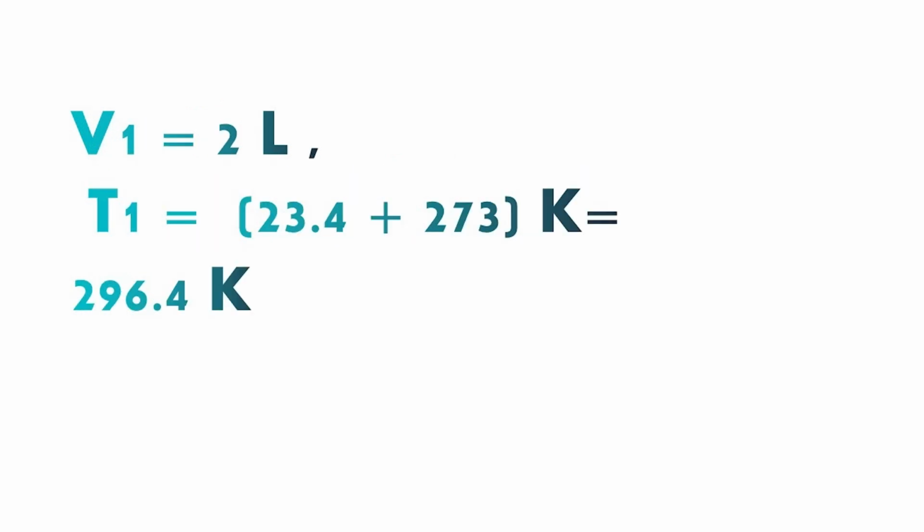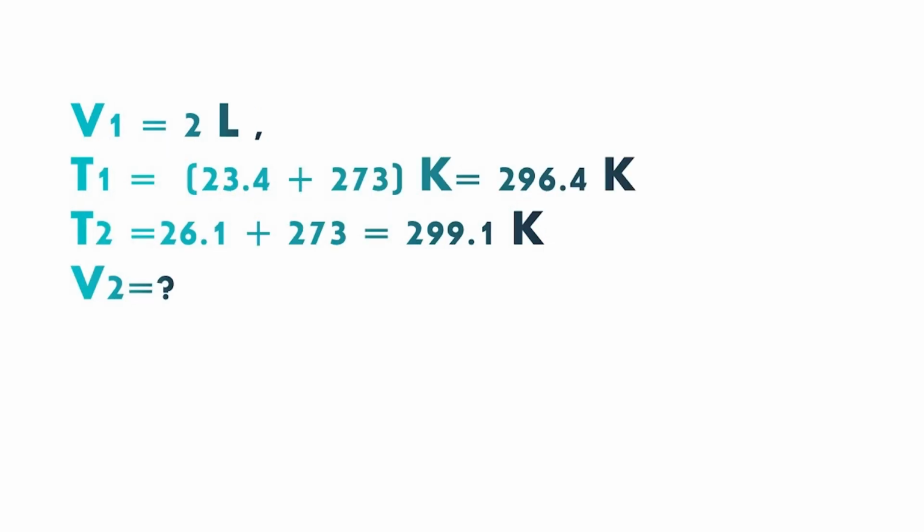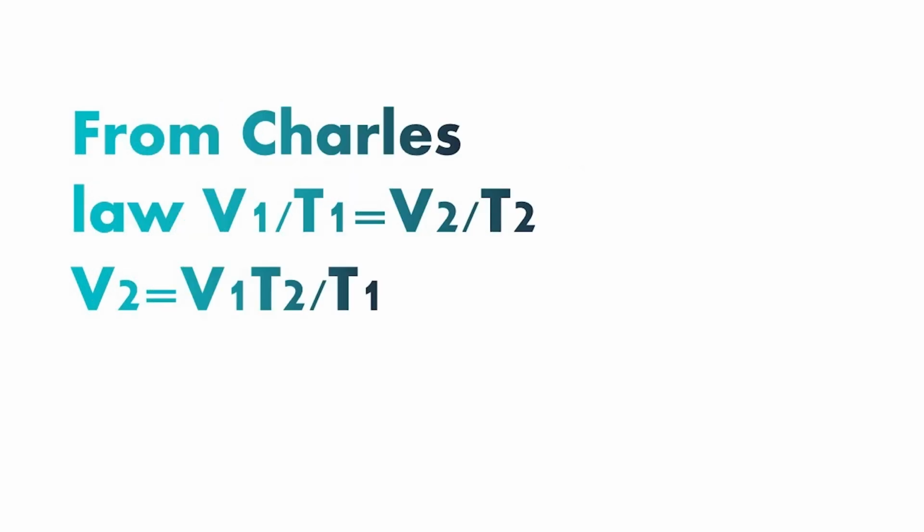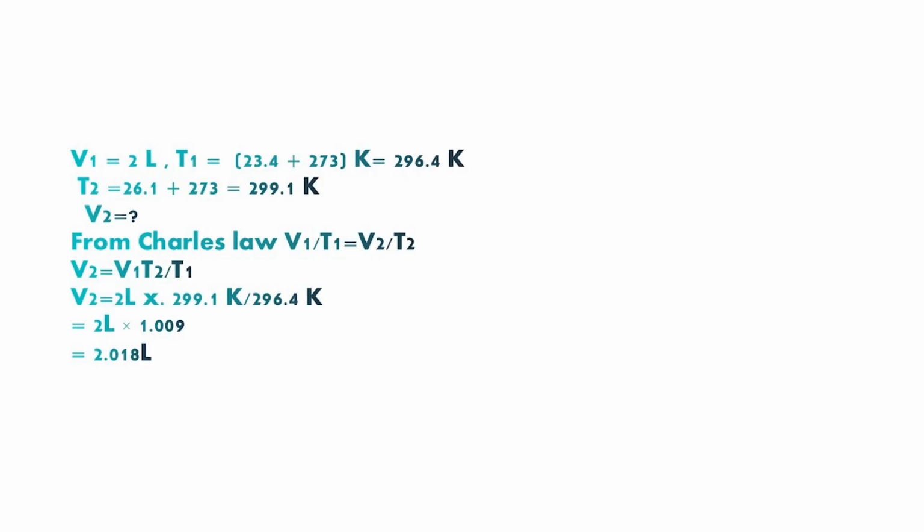So we have the values for T1 as 296.4 and value of T2 as 299.1, and volume is given in the problem as V1, 2 liter. So we can substitute these values in the equation V1 by T1 is equal to V2 by T2. T2 is 299.1 Kelvin and V1 is 2 liter, and we have to find out the value of V2. The answer becomes 2.018 liter.